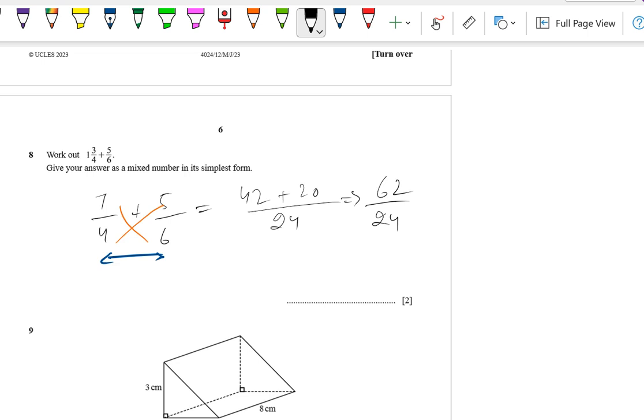You can simplify by 2. 31 over 12. Answer should be 2 whole 7 by 12.